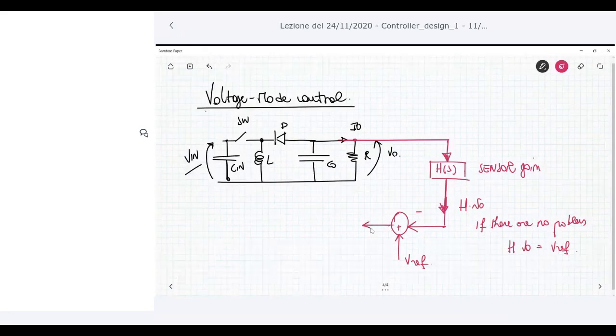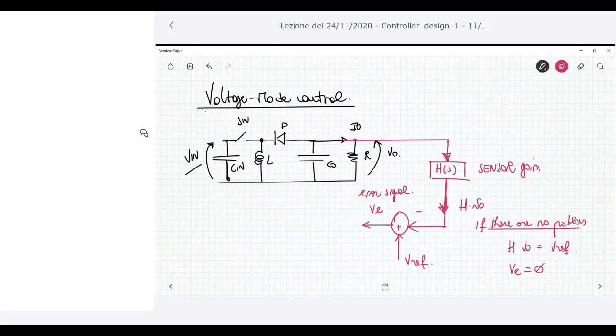I get this comparison, and I get what is called an error signal. Here you have an error signal. The error signal is the difference between the two. So ideally, the error signal should be 0 if there are no problems. Otherwise, you have a positive error signal.